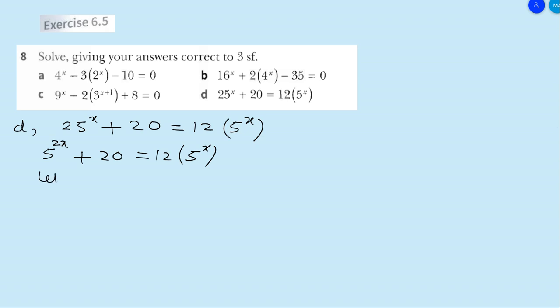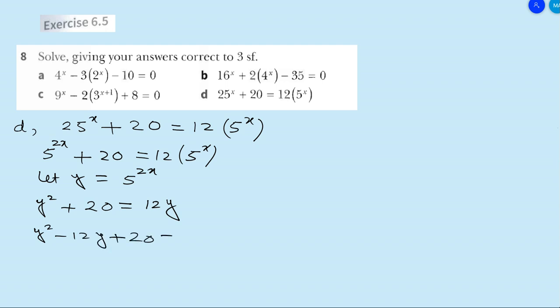Let y be equal to 5 to the power 2x. So it will be y squared plus 20 is equal to 12y. Now y squared minus 12y plus 20 is equal to 0.